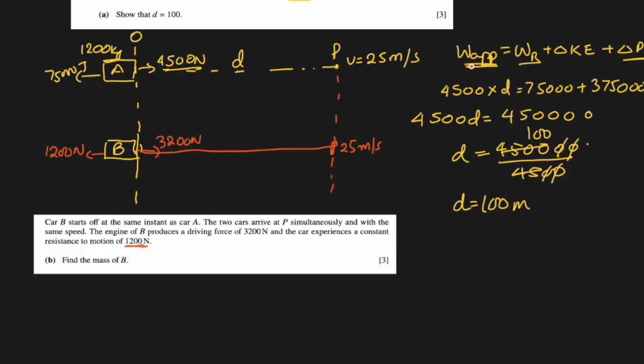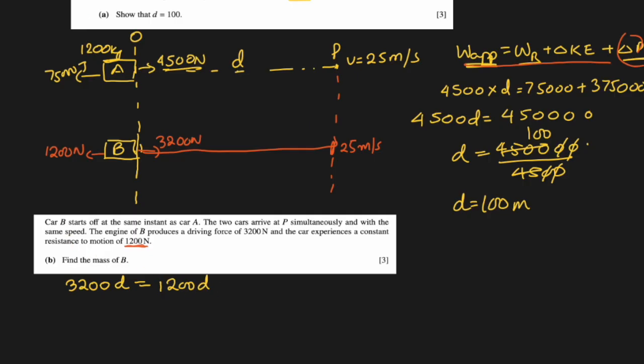So we'll use exactly the same formula, delta potential energy will still be 0. So let's write it. Work done by the applied force is 3200 times d. Work done against resistance will be 1200 times d, force times distance.